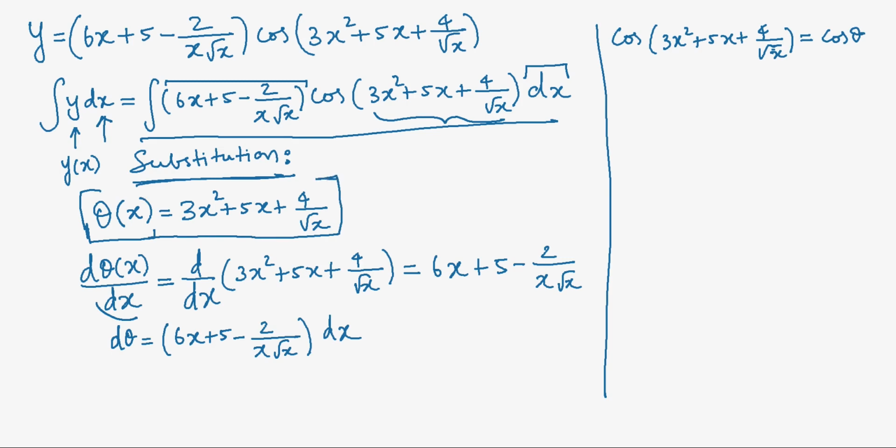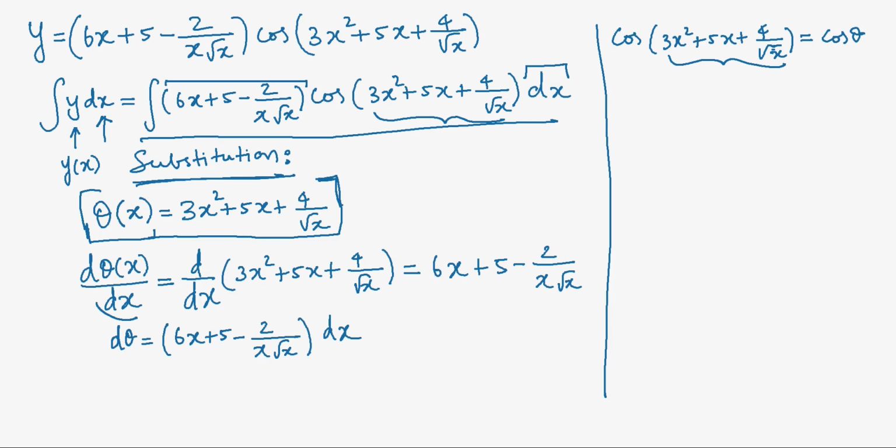That is what we have taken for the substitution. Do you get that? Yes, uncle. So instead of this whole quantity, that is the main purpose. We introduce the whole polynomial to be our theta, to make our life easy. So the whole cosine of that polynomial can be written as a cosine theta. We just substituted the whole polynomial in terms of theta. Okay. You're okay with that? Yes.